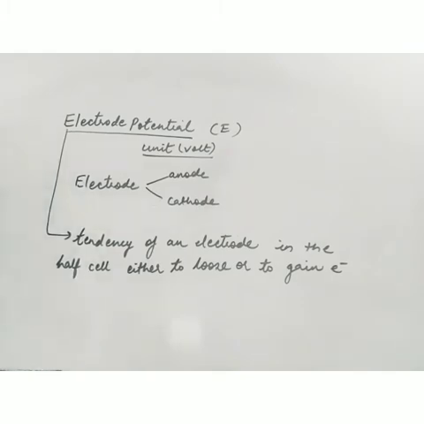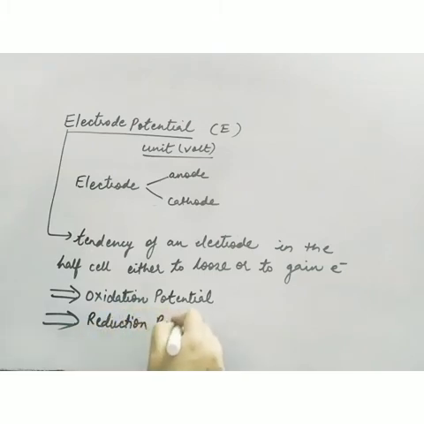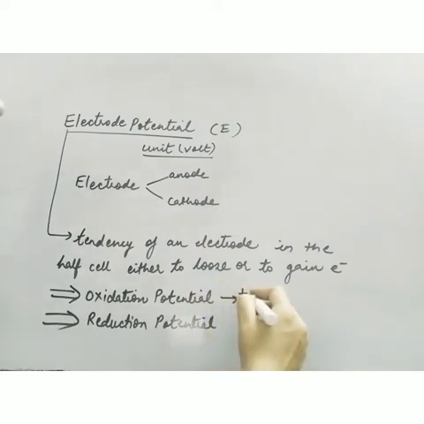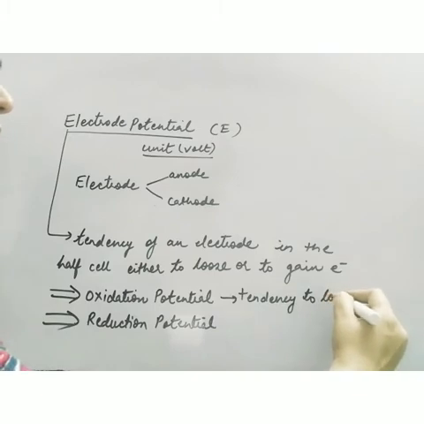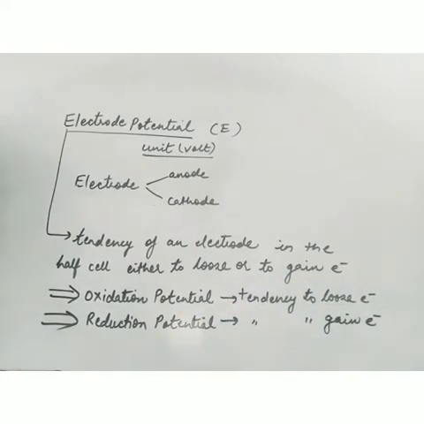Now this electrode potential can be of two types. The first is oxidation potential and the second is reduction potential. Now oxidation potential means tendency to lose electron, and reduction potential means tendency to gain electron.